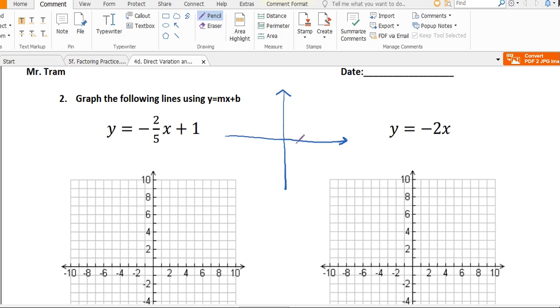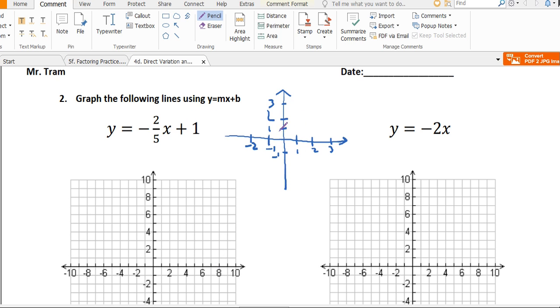Obviously, I'm just showing you a really rough example. Label it 1, 2, 3, up to 5, -1, -2, up to -5, and so forth. Then instead of having 4 grids, you're going to have 1 grid.